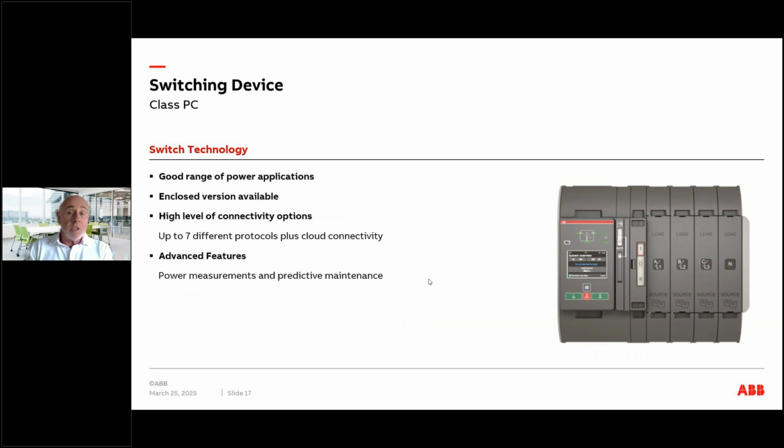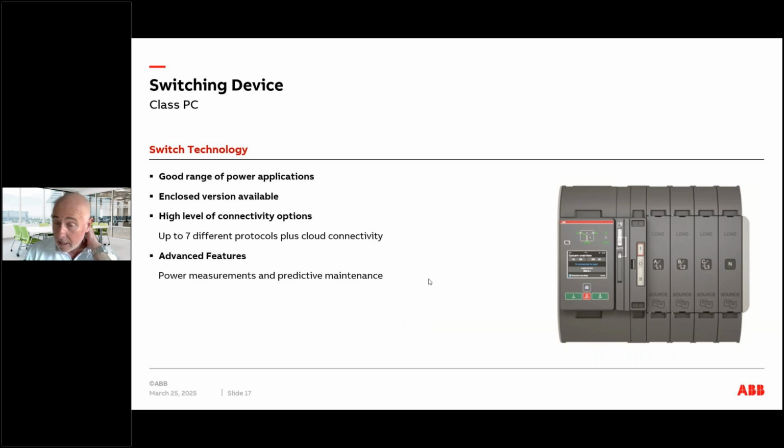So again, with switch technologies, as with the power circuit breakers, a good range of power applications because they're available in various current ratings. And again, looking at life safety applications, they're available in enclosed versions. And again, panel builders will use this type of product in a chassis mount situation where they go into a stack of a switchboard, maybe as an incomer for switching two supplies into the panel itself.